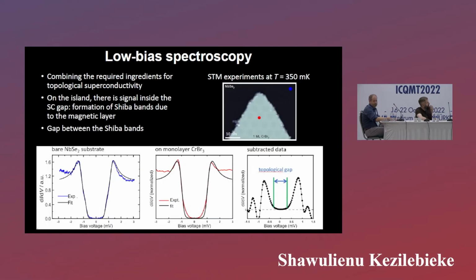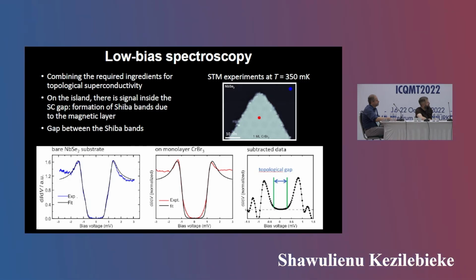Next slide, please. Here is some low bias spectroscopy. As you can see, this is the bare niobium diselenide superconducting gap you already saw before. Now we can also measure the same spectra on top of the chromium bromide, and this red spectrum is through the chromium bromide.